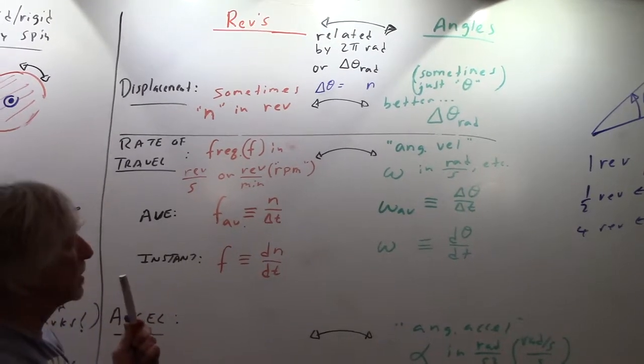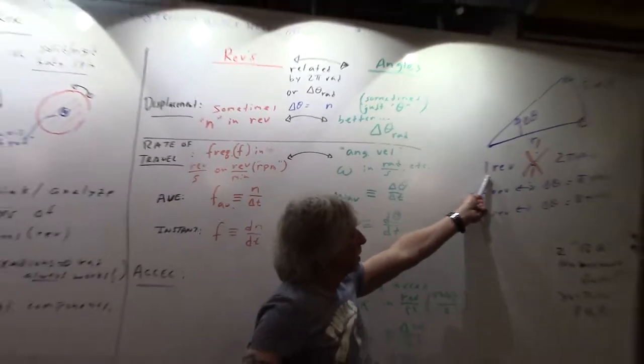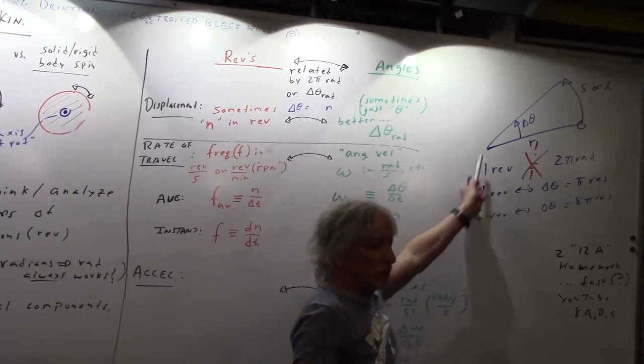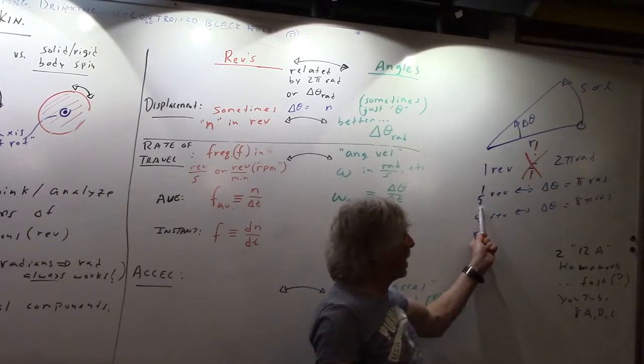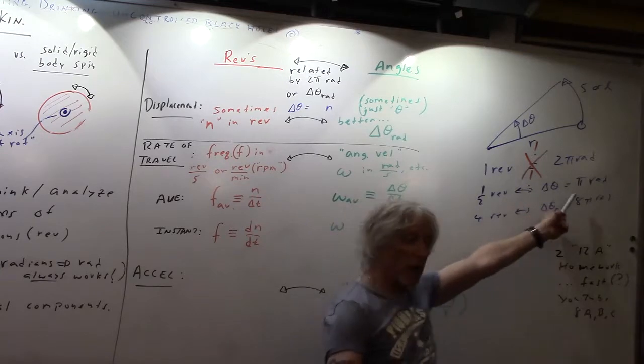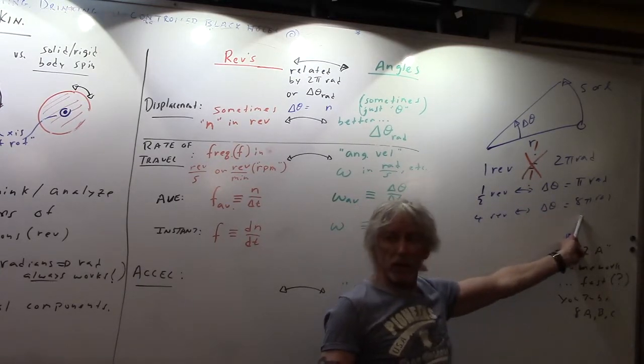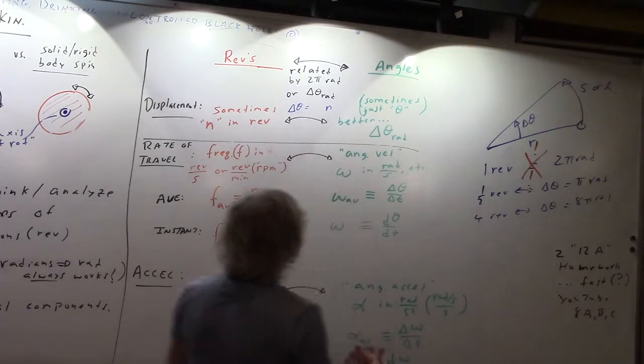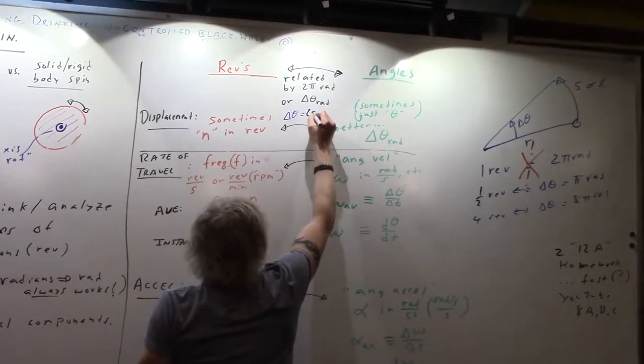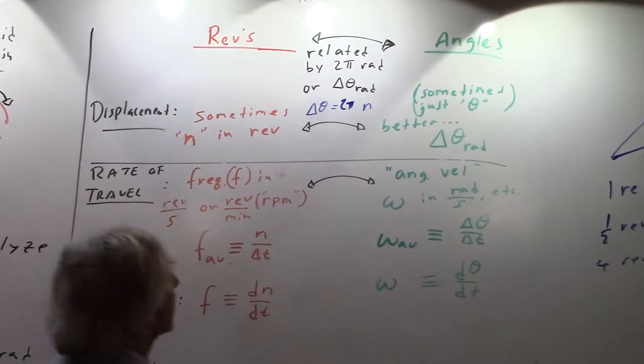If n is 1, I multiply by 2 pi. If n is a half, I multiply by 2 pi. If n is 4, I multiply by 2 pi. Just because of that. So this is critical to have that not ever be a worry.